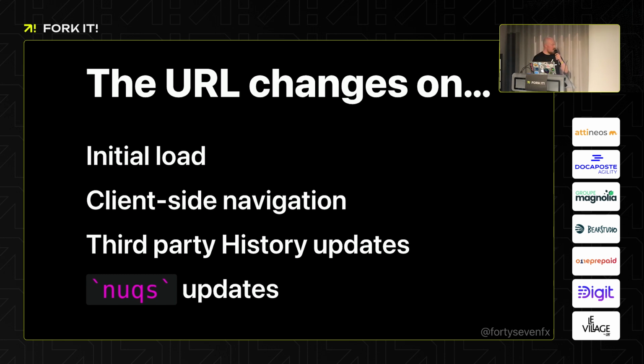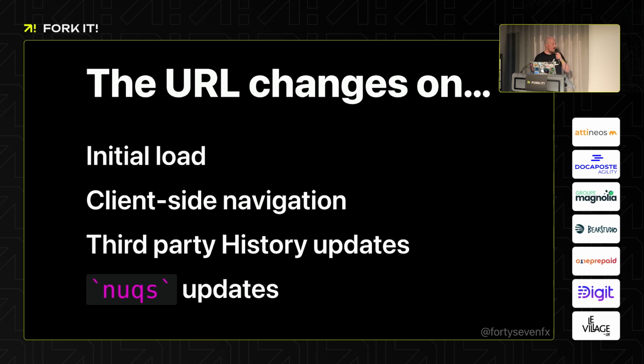The other thing that can change is when the user navigates through the app client side using the Link component in Next. When you click a Link component, not an anchor tag, a Link, the big L Link, Next will do client-side navigation, changing the URL, potentially calling the server, and then rendering the new page. And so in this case, we need to be able to tell the new page to load the correct things.